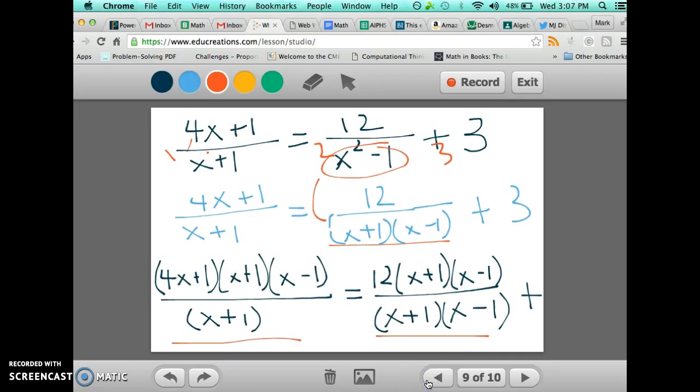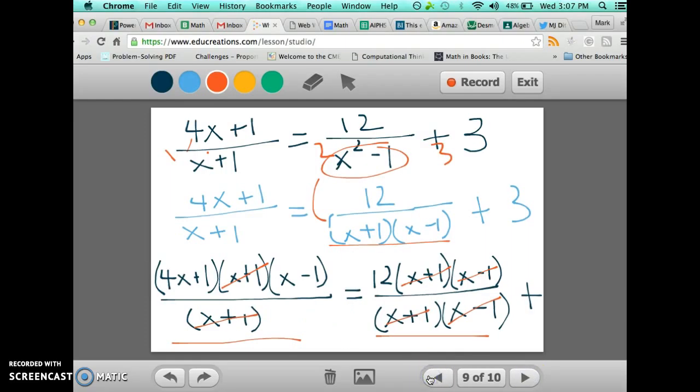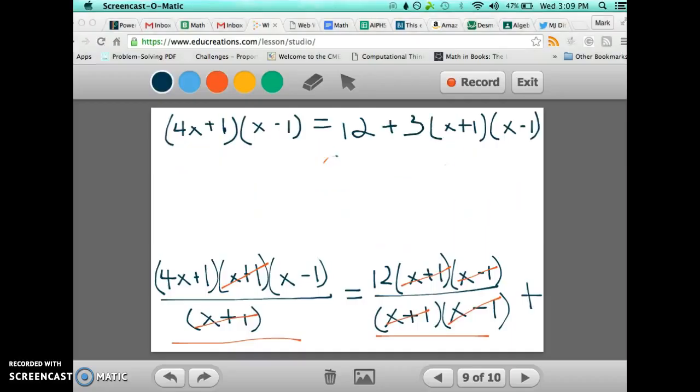So we're going to cancel here and here. And nothing to cancel over here because it's over 1. So that's how we get this. So this, after it cancels, becomes this.